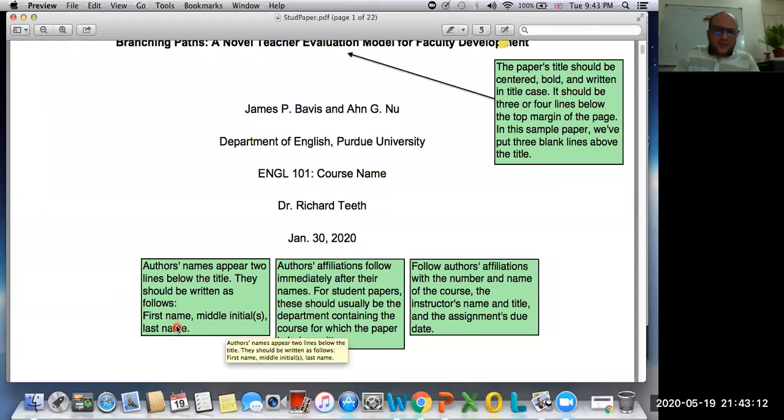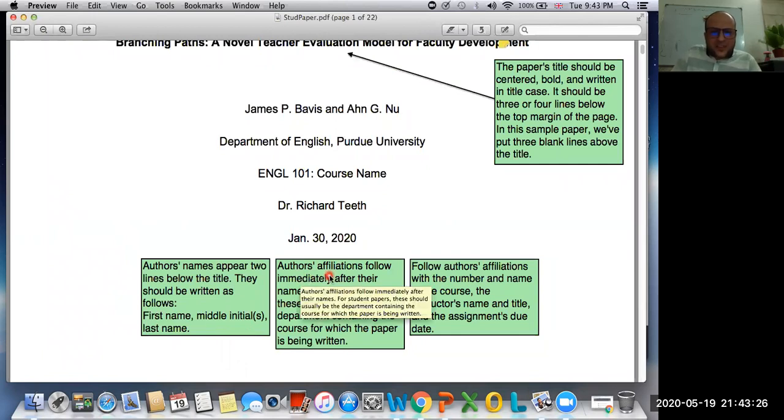Or maybe most of the times we write the first and the last name, the surname. But in our cases, as far as our culture is concerned, you should write your full name. Okay. And authors' affiliations follow immediately after the names. Affiliation means institution. Maybe departments and so on and so forth.